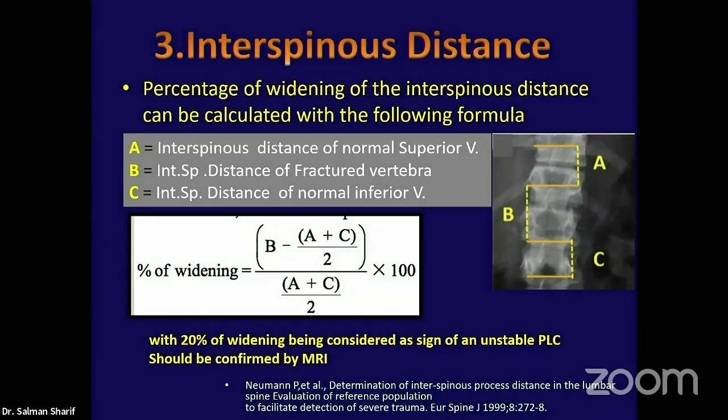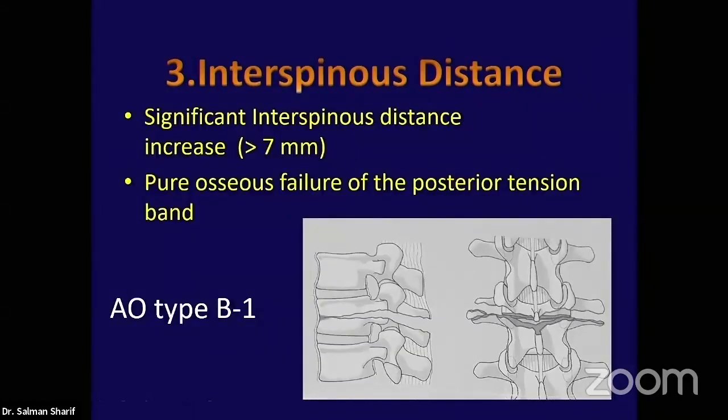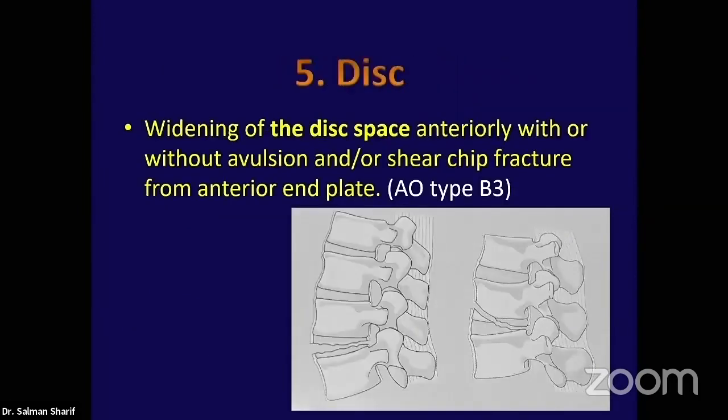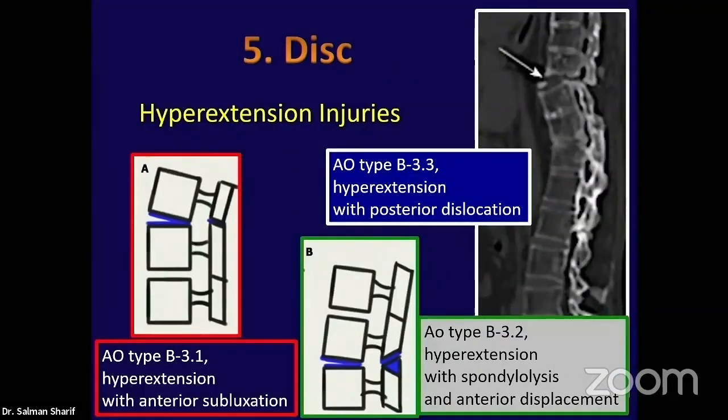A 20% widening is considered a sign of unstable PLC and should be confirmed by MRI. A significant interspinous increase of more than 7 millimeters indicates pure osseous failure of the posterior tension band. Also bilateral subluxation, dislocation fracture, widening of the disc space anteriorly with or without effusion, and or shear chip fracture from the anterior end plates. This is very important for stability. Hyperextension injury also.